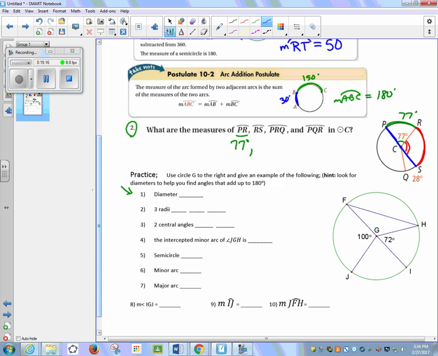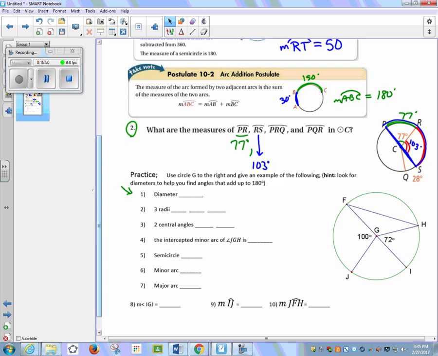This is a diameter, going straight through. So therefore, this whole arc PRS would have to be 180 degrees. If the whole thing is 180 and this piece of it is 77, I'm going to do 180 minus 77 and I'm going to get 103. So if angle RCS is 103, then arc RS is also 103 degrees.